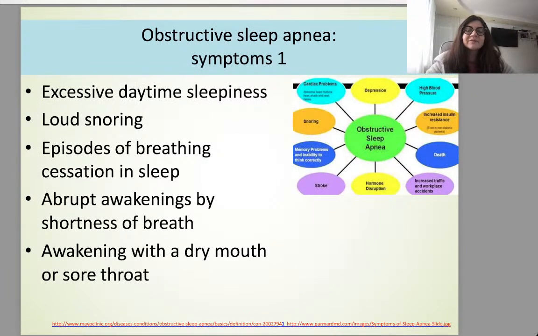Symptoms of obstructive sleep apnea include excessive daytime sleepiness. The patient feels an acute deficit of sleep. Often, in most patients, it is loud snoring. It is episodes of breathing cessation in sleep. It is abrupt awakening by shortness of breath and awakening with a dry mouth and sore throat.